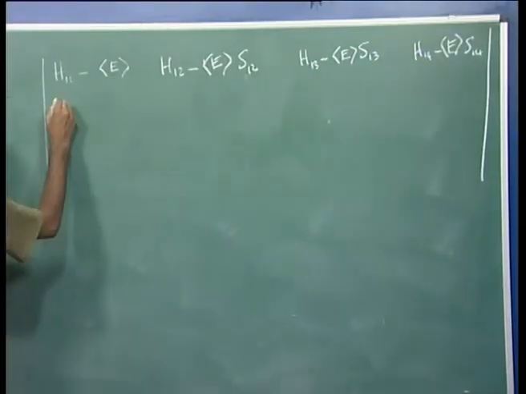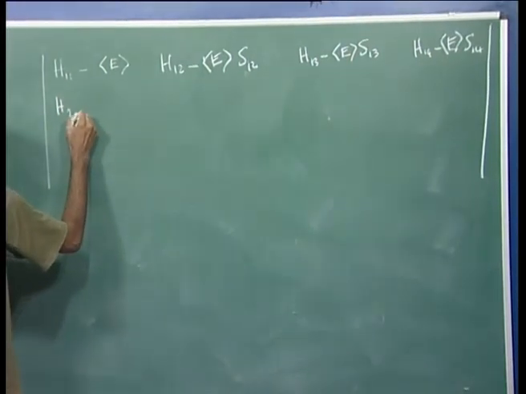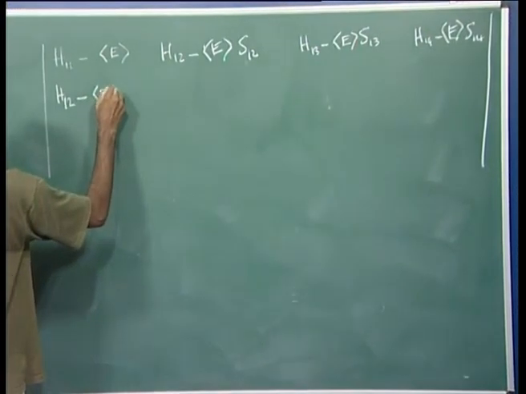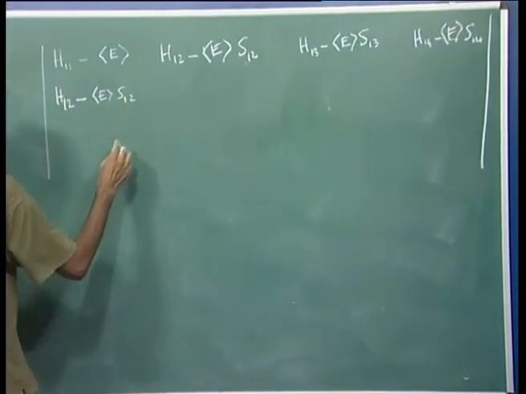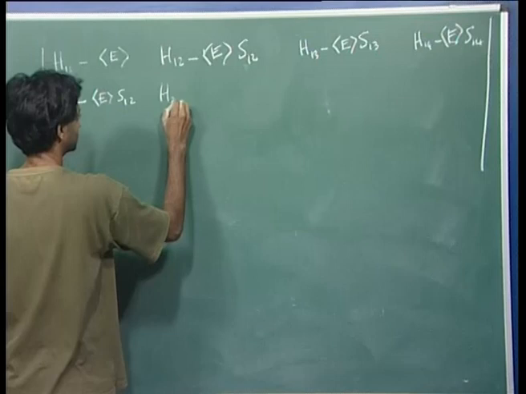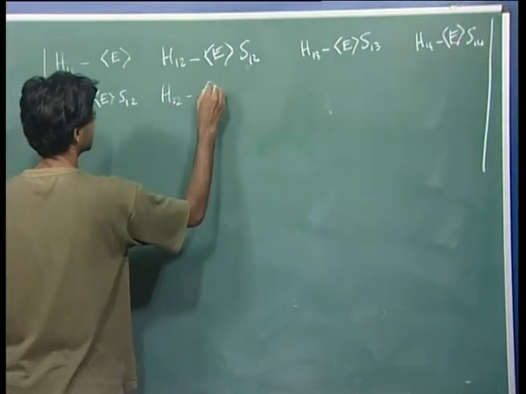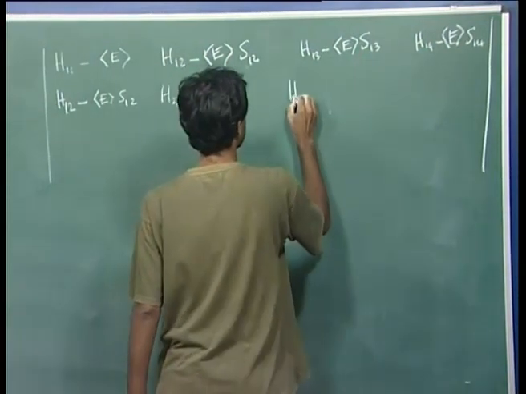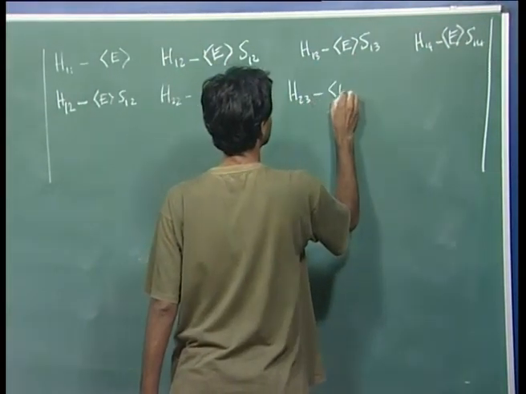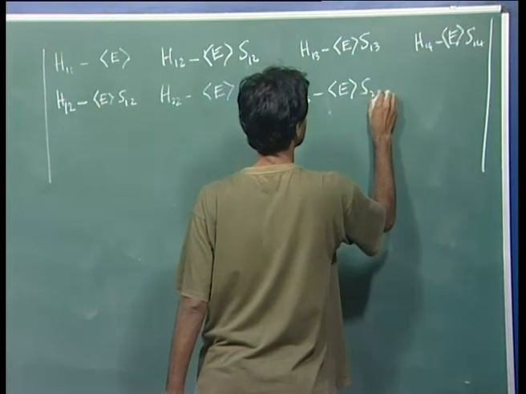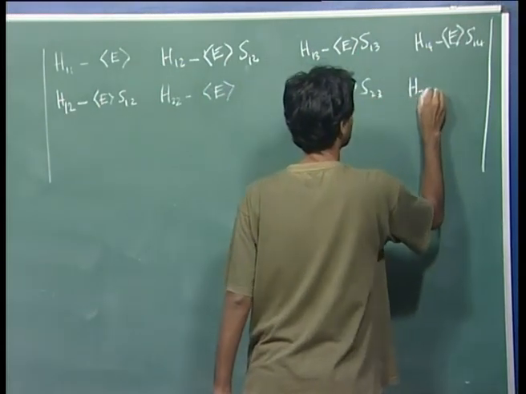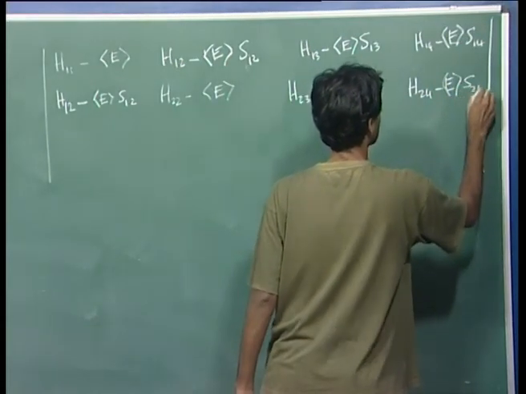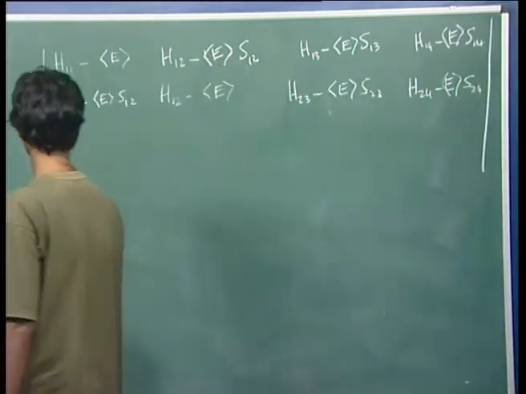Similarly, the second row will be H21, which is the same as H12, minus E S12. The second row, second column will be H22 minus E, then H23 minus E S23, and H24 minus E S24.